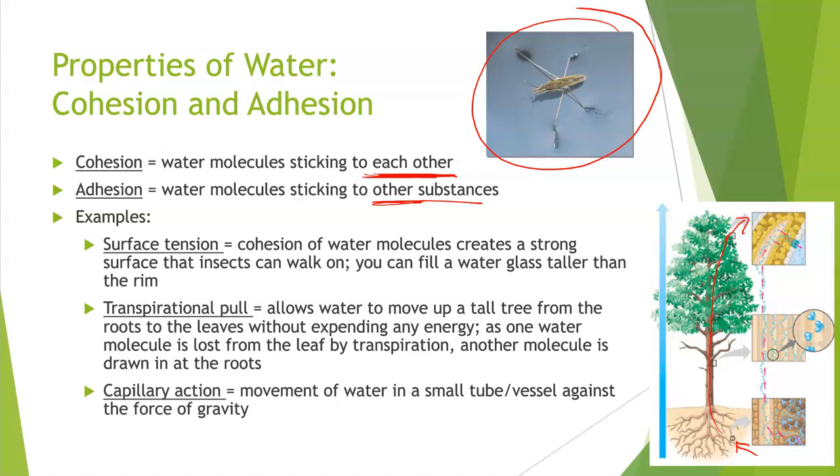Water molecules stick together, so as one water molecule exits at the top, another water molecule gets pulled in at the bottom because the one that was here at the bottom has now moved up a little bit and they're all stuck together. It's a little chain reaction that happens. This is also what happens inside a straw. You have capillary action. So you have the movement of water in a small tube or vessel, and it's allowed to go against the force of gravity.